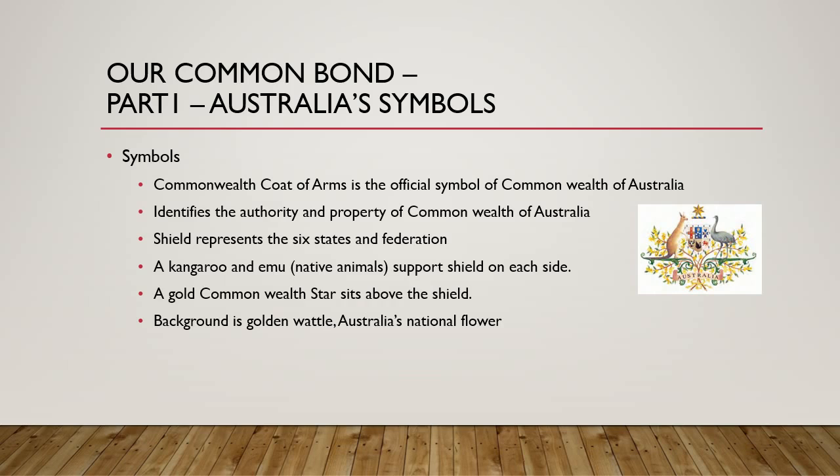We have a shield which represents the 6 states and federation. There are 2 native animals of Australia, the kangaroo and the emu, which support the shield on each side. A gold Commonwealth star sits above the shield, and the background is golden wattle, the Australian national flower.